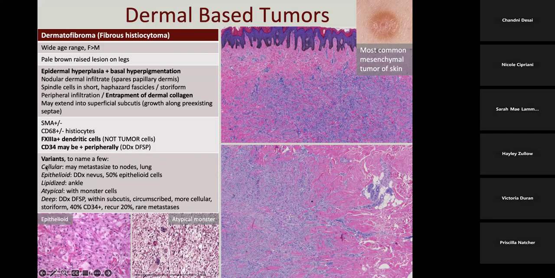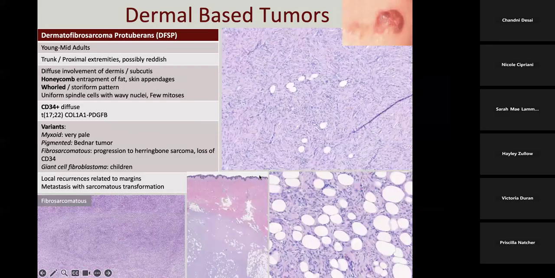You can have variants, including very cellular DFs, including epithelioid or atypical monster. Generally, you want to differentiate from DFSP, which should be diffusely strongly CD34 positive. It should entrap dermal collagen and subdermal fat, unlike DF, which should not have much fat entrapment. PDGFB gene rearrangement.